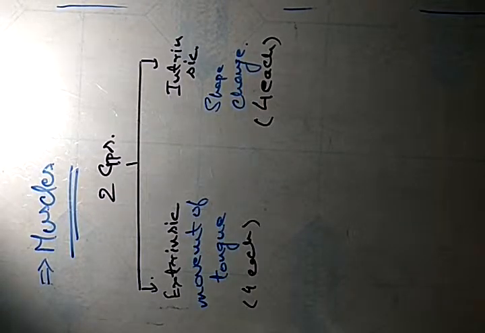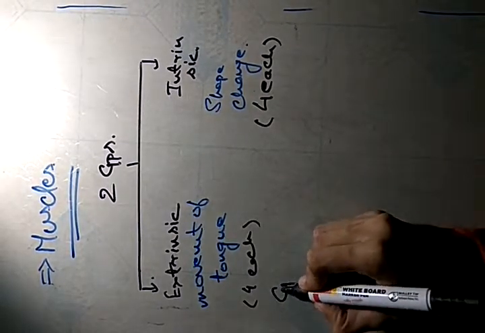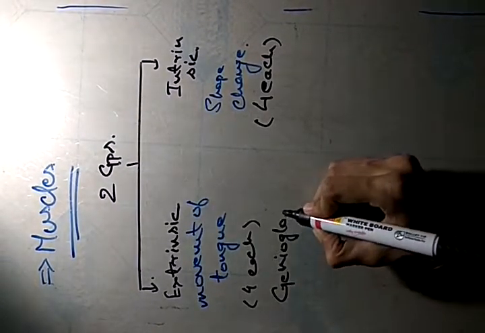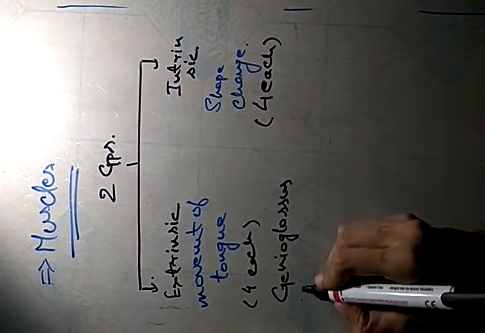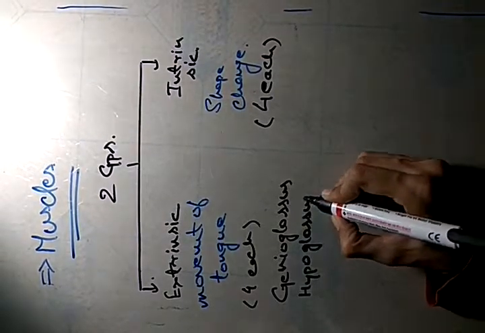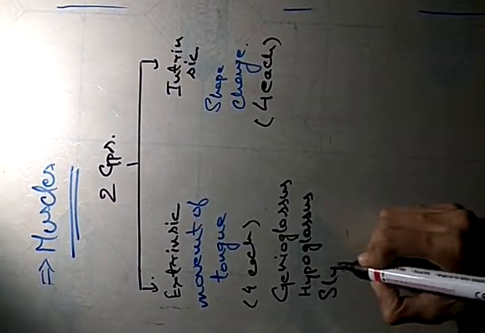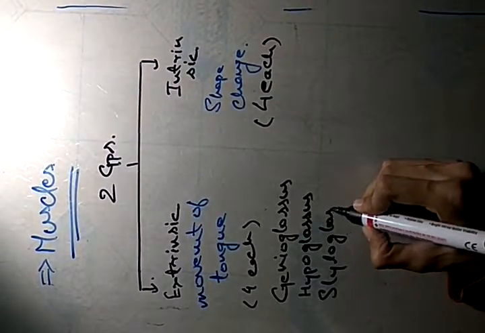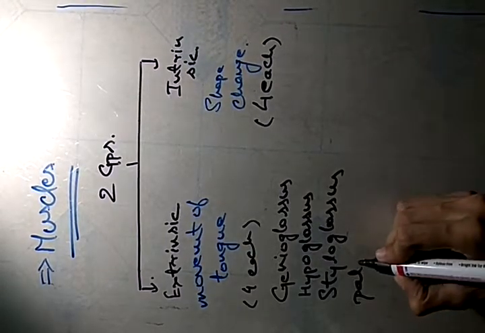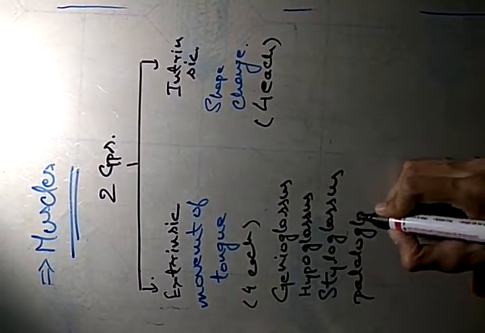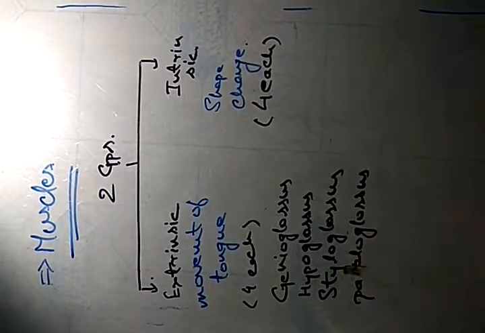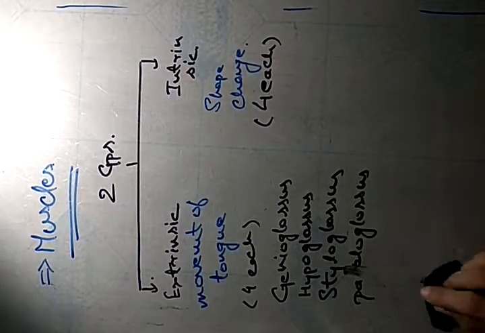Extrinsic muscles are genioglossus, hyoglossus, styloglossus, and palatoglossus. Sorry, instead of palato, I wrote patelo.